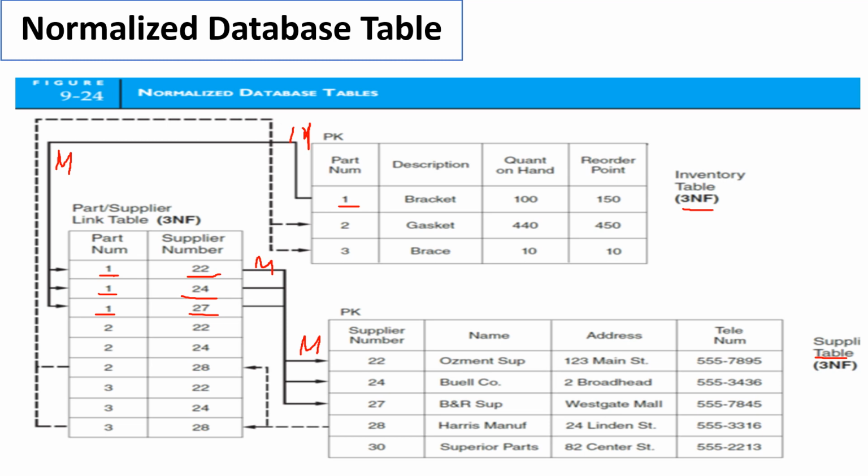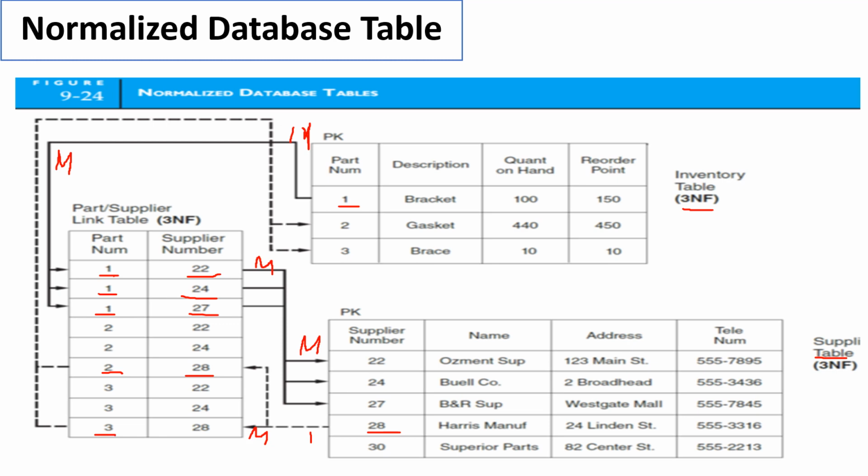Same goes for the other example, let's say supplier 28. It represents that supplier 28 can supply many items, which are item number 2 and item number 3.